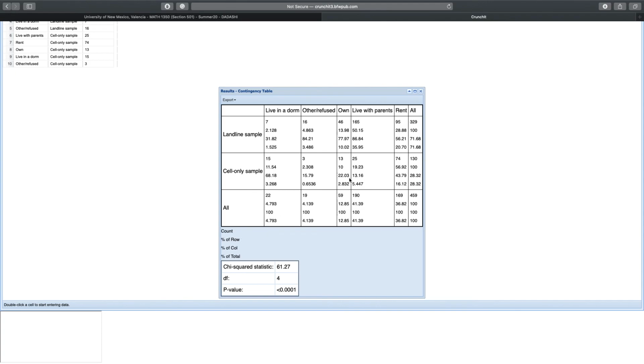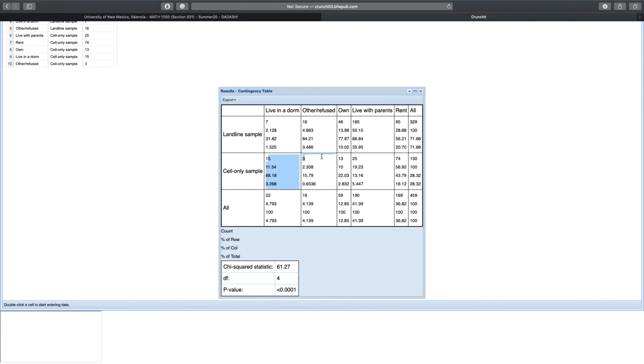Okay, so we will see the total here. This is the whole number of individuals, which means if you add all the counts together, you should get 459. The first numbers in these cells are the counts that you saw here in the last column. If you add all of them in a row, you will get 329.